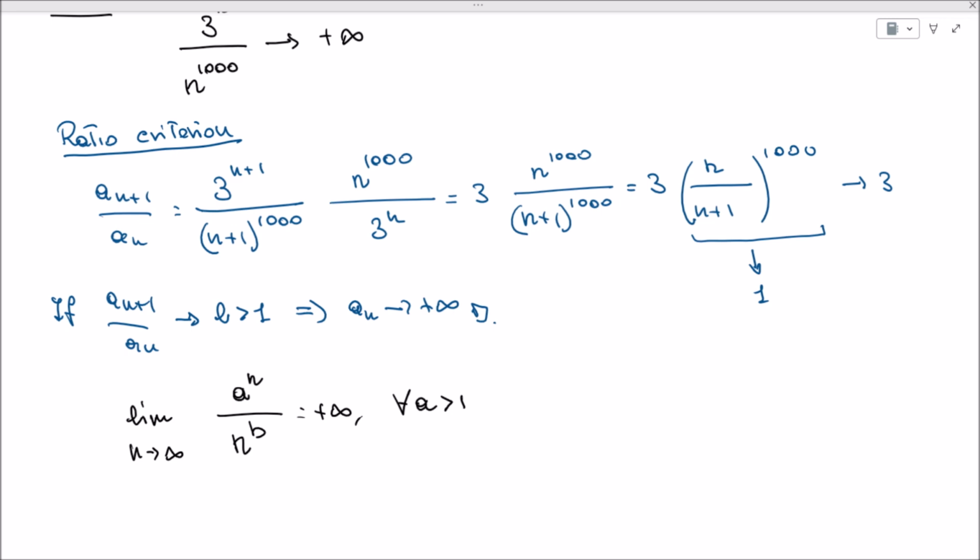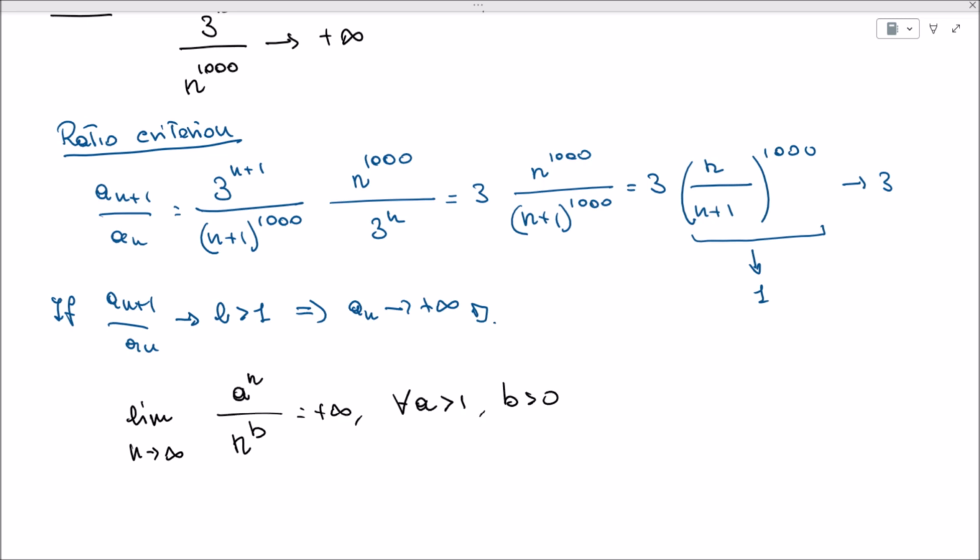We are considering now an exponential with the base larger than 1, which is clearly an increasing sequence, and for every b larger than 0.